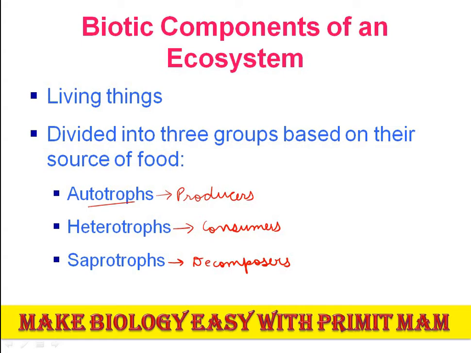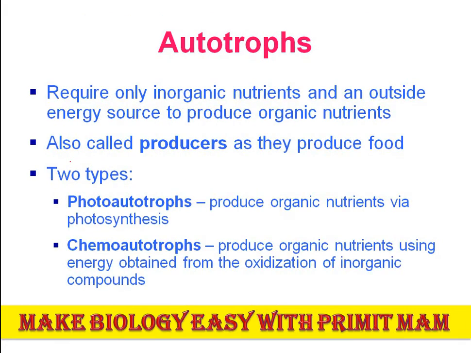Producers are organisms which produce their own food, like green plants. Consumers are the organisms which consume food which is not prepared by them but produced by other organisms. For example, in your house, your mother prepares the food, so she is producer, and all other members consume it, so they are consumers.